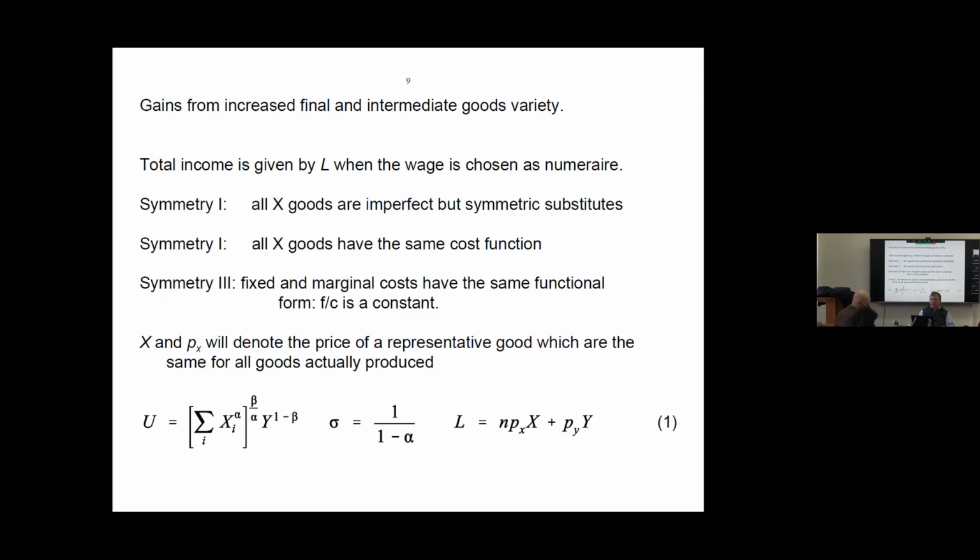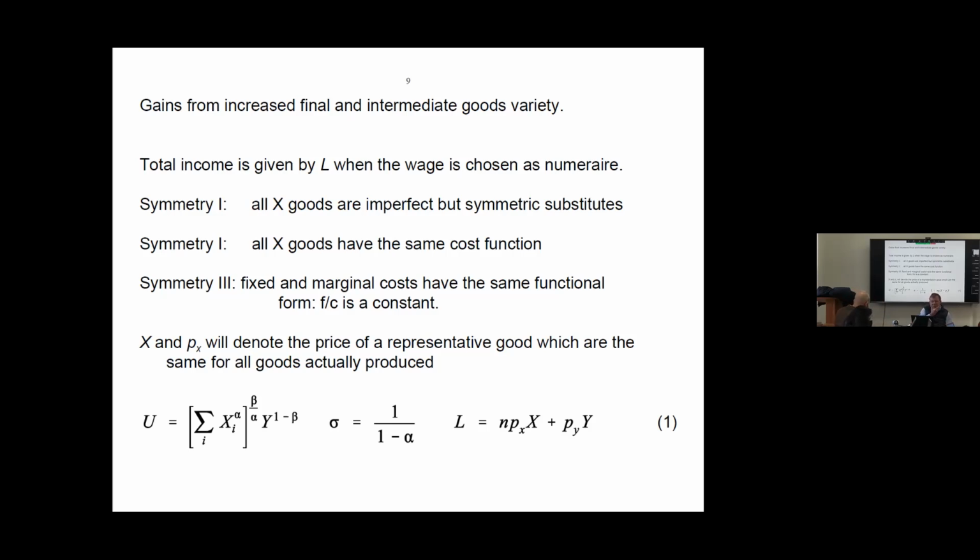Symmetry 1 is that all X goods are imperfect, but symmetric substitutes. So you don't care if you have 1 apple or 1 orange, but you'd rather have 1 of each than 2 apples or 2 oranges. That's the idea: imperfect substitutes, but symmetric substitutes.